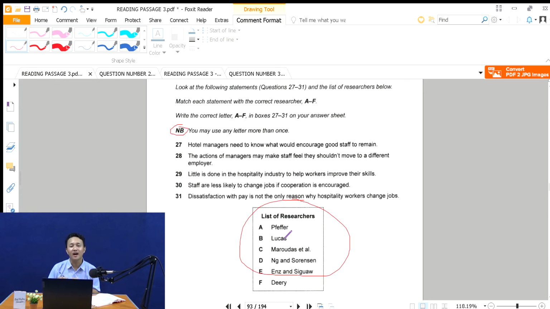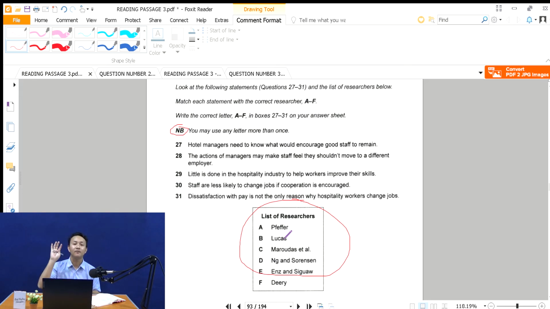All right, so you don't have to worry if you do not use all of the options. Just base your work on the text and the way you do it, and then you are going to be fine, because sometimes in the list of the researchers there may be 3 options, but the questions there are 5. So do not be confused. But again, it depends on the questions. It depends on the task.